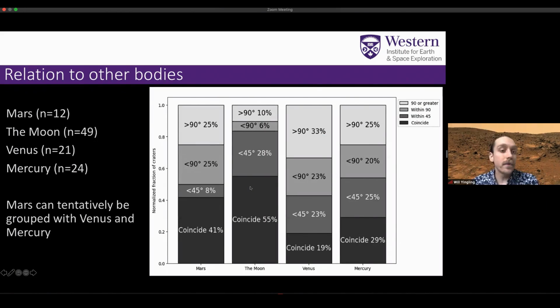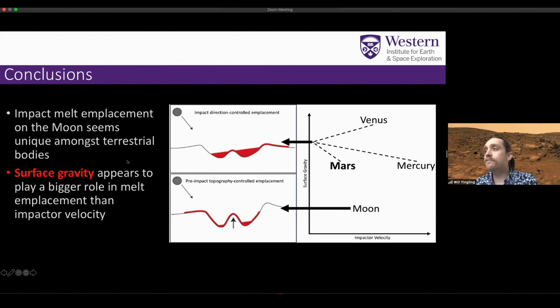So how does this relate to other bodies in the solar system? Our sample size for Mars is relatively small, with just 12 craters compared to the 49, or almost 50, craters for the Moon. But Mars can tentatively be grouped with Venus and Mercury. So what does that ultimately mean?